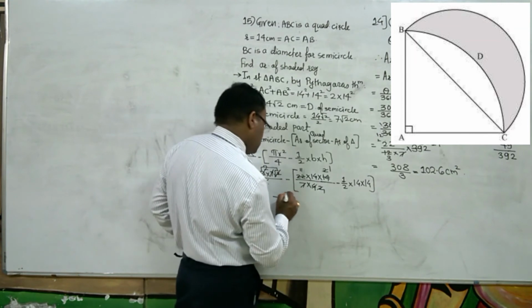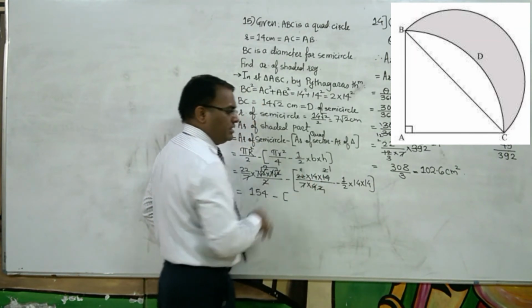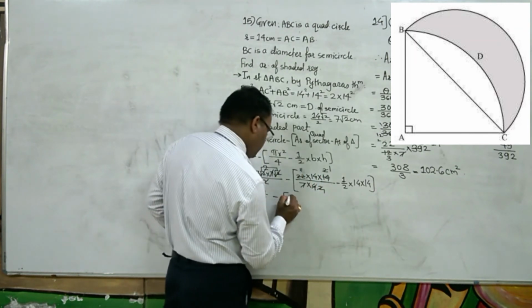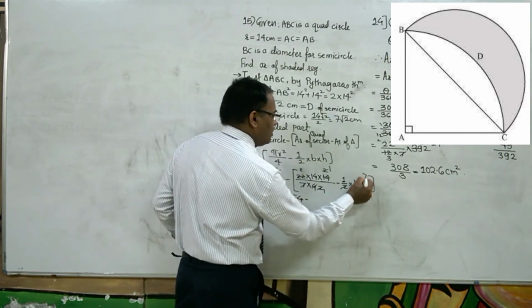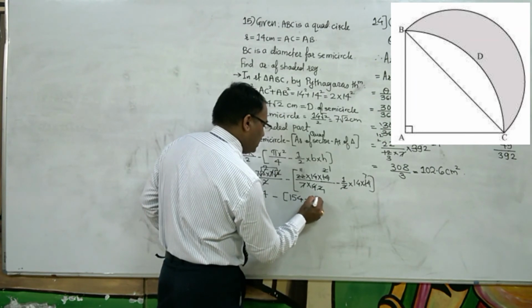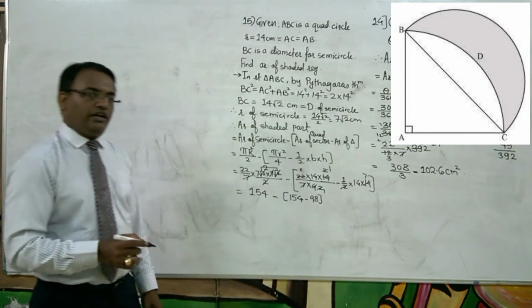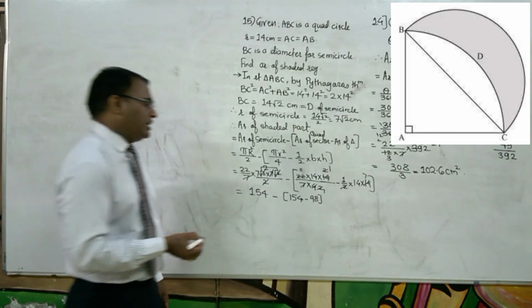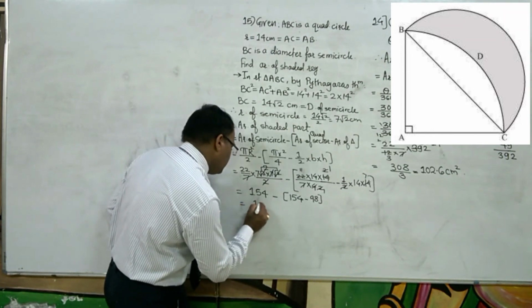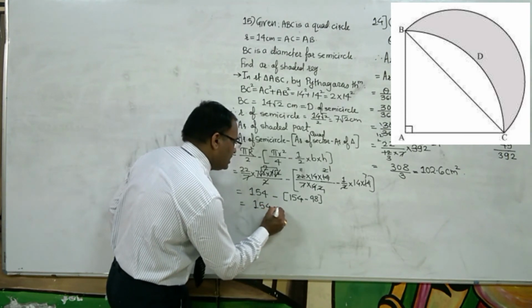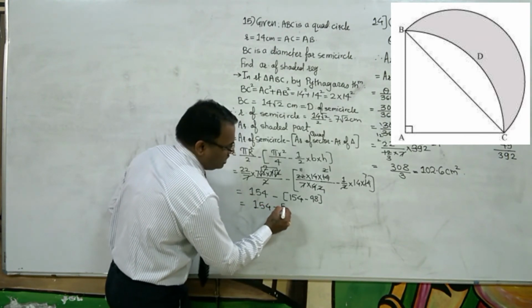Okay, then minus 14 into 11, that is 154, minus 14 sevens are 98. Right or no? 14 sevens are 98. Now 154 minus 98 is nothing but 154 minus 50, what will it be?